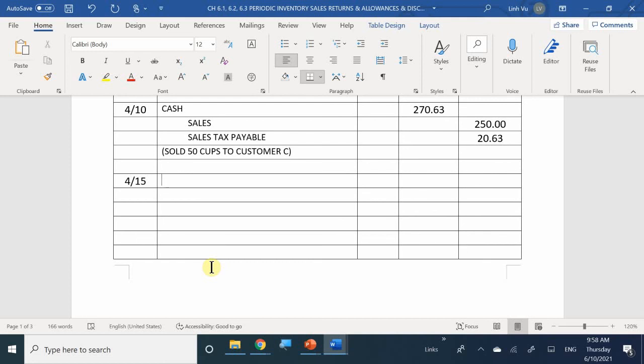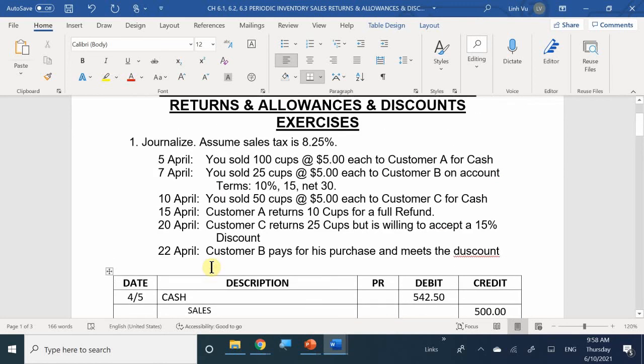Wait, they're $5 each. Okay, hold on, let me see. We're on April 15. So they returned 10 cups, and the cups are $5 each, for a full refund.